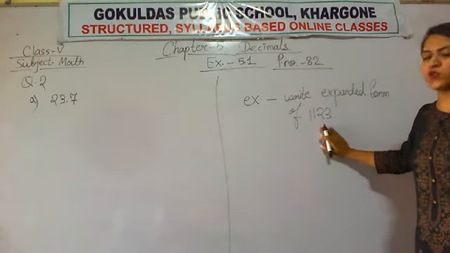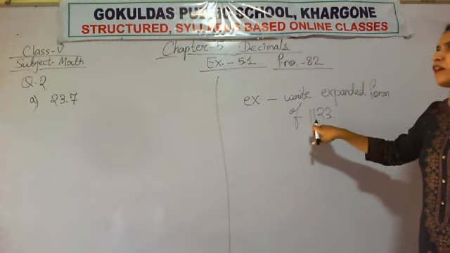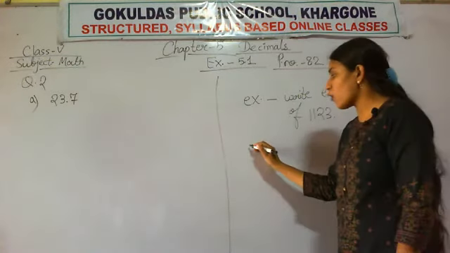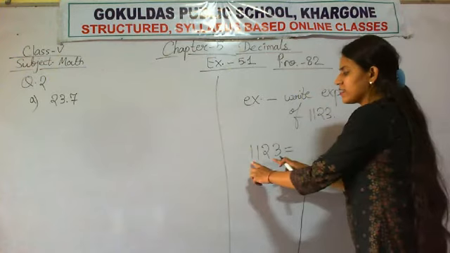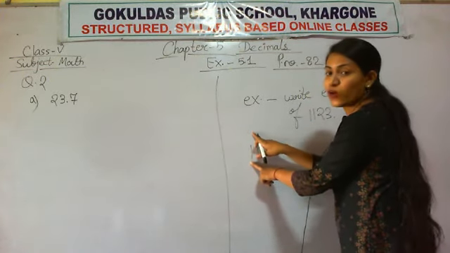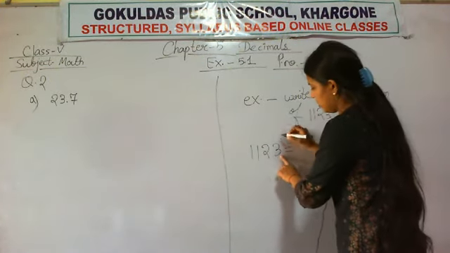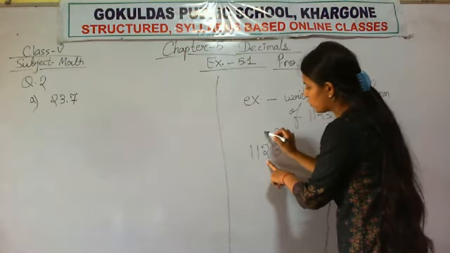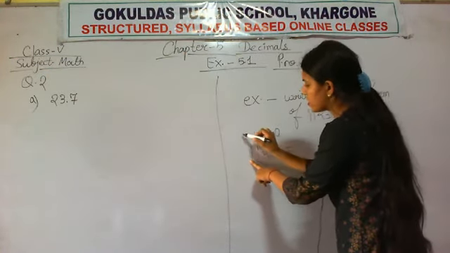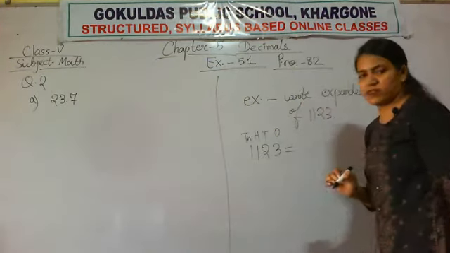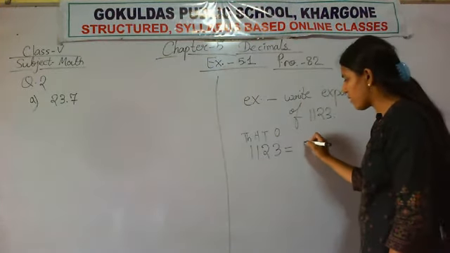If I ask you to write the expanded form of 1123, how do you write it? 3 is located at the 1's place, 2 is located at the 10's place, 1 is located at the 100's place, and this 1 is at the 1000's place. So what do you do to write the expanded form?